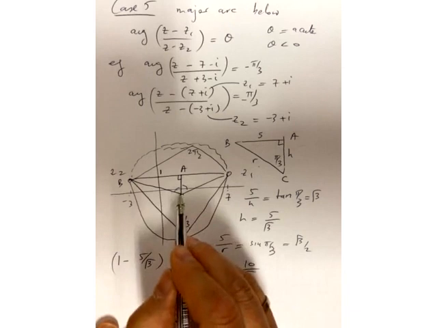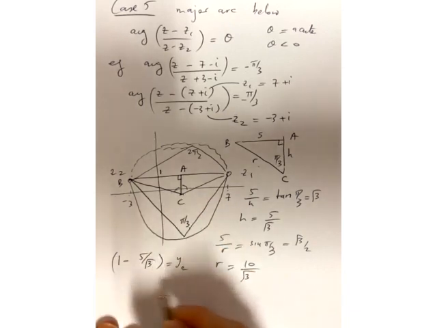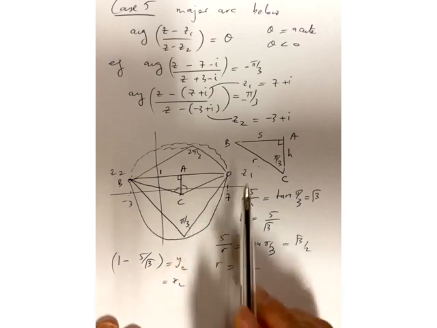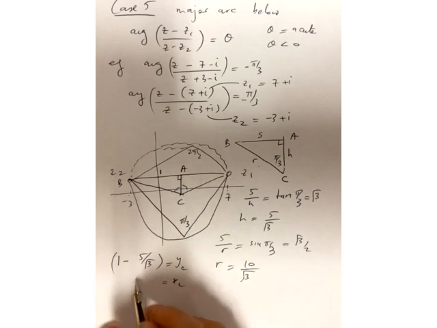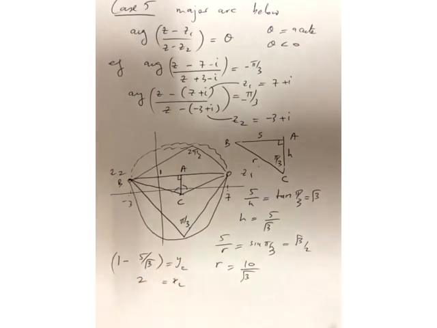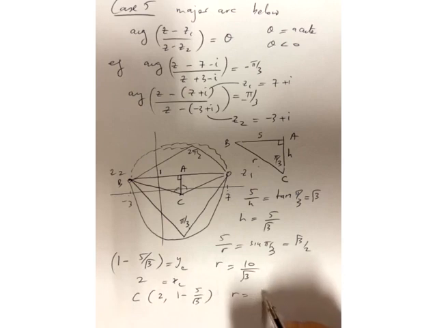This is the y value of C. The x value of C is actually, because that's 5 units from 7, 2. So the center of that is 2, 1 minus 5 on root 3.